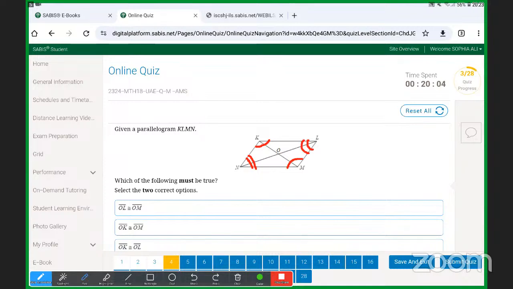Okay, I wrote it. Great. The second property, every pair of opposite sides are parallel and congruent.